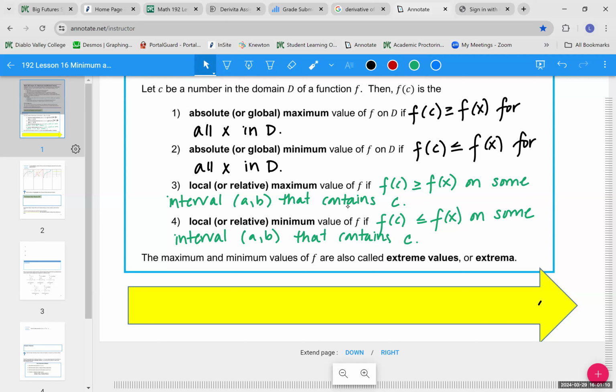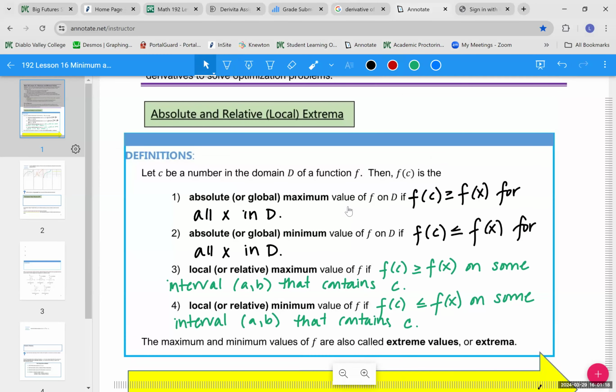The one thing that's really, really critical to realize is that we're talking about this word extrema. So we have absolute extrema, which would be absolute maxes and mins, or local extrema, which are relative maxes and mins.